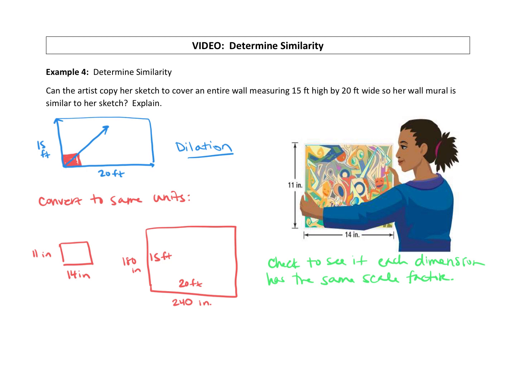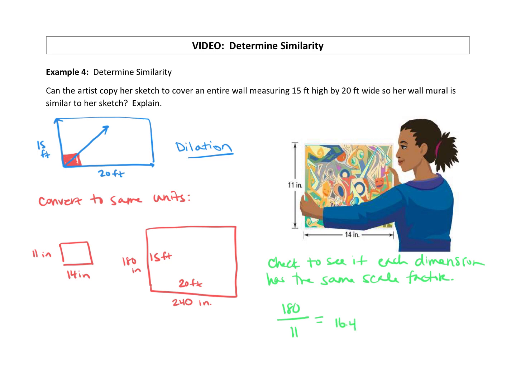We don't switch scale factors because then the shape would change. It wouldn't maintain the same shape with just a different size. So we're going to take the length of our image, 180 inches, over its corresponding pre-image length, which is 11. 180 divided by 11 is about 16.4.